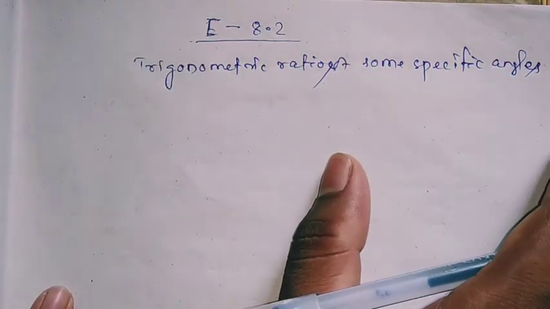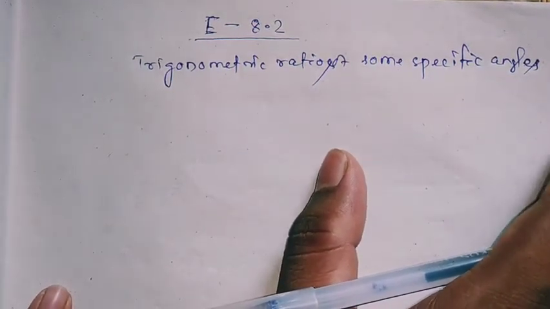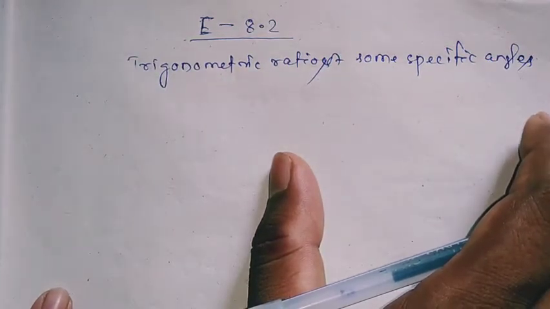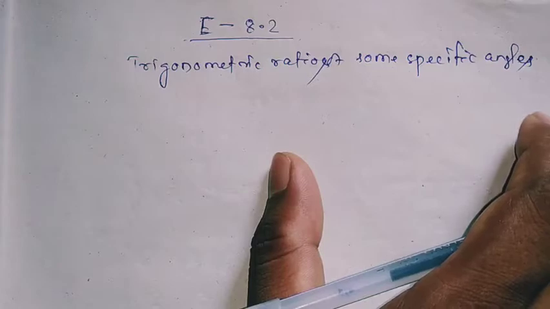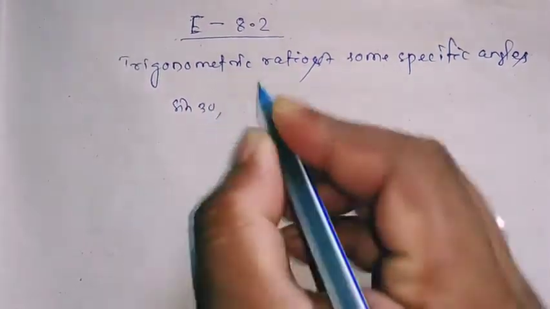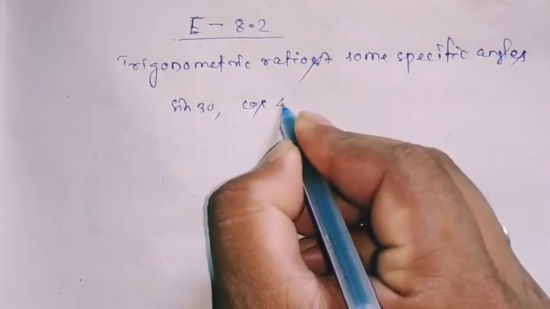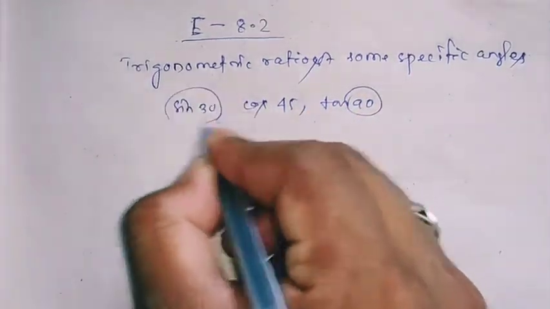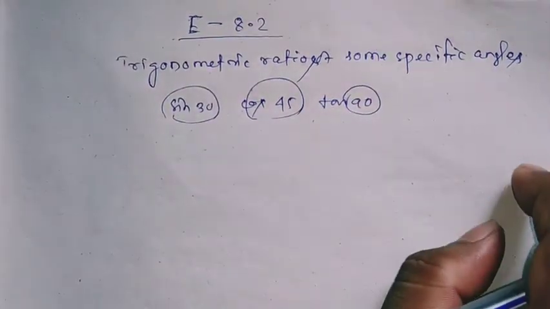That is 30 degree, 0 degree. So considering these angles, we will evaluate the trigonometric ratios, such as what is the value of sine 30, what is the value of cos 45, what is the value of tan 90. We have to evaluate all these things in exercise 8.2.